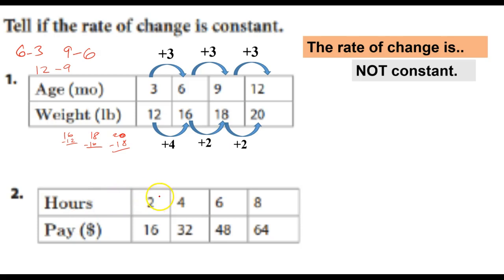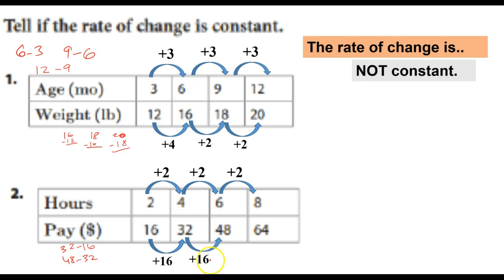So how about here? Let's see what that would be. From 2 to 4, from 4 to 6, from 6 to 8, again constant, but let's see if the bottom row is also constant. So that would be 32 take away 16, which would be 16. 48 take away 32, which would be 16 as well.